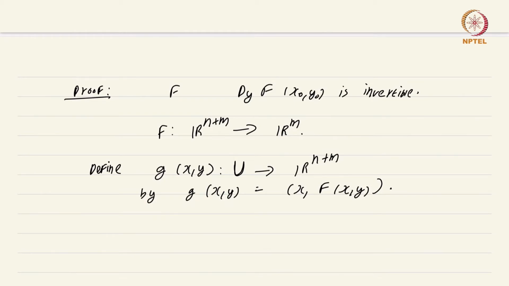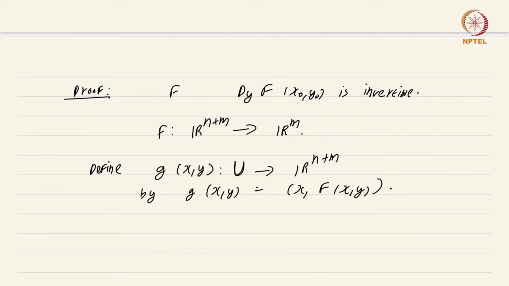So the variables that are missing in order to make both the domain and codomain equidimensional, you just tag it along in the first coordinates of the codomain. Just tag it along. So this is the simplest thing we can do.